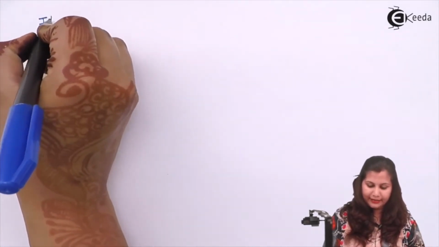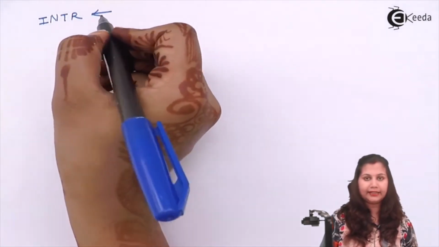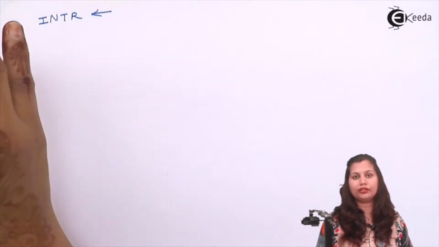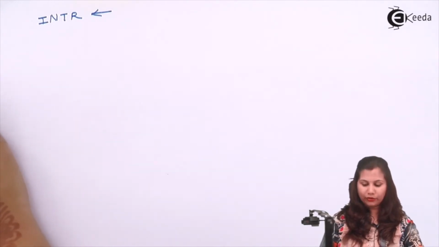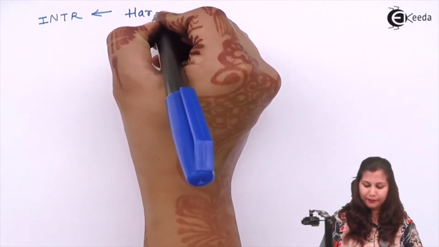First is INTR. I have said that INTR is the interrupt request which is given by any external device which wants to interrupt the 8085. Now INTR is a hardware interrupt.